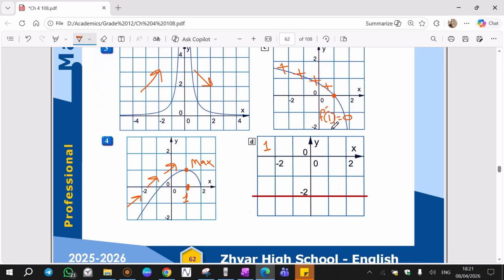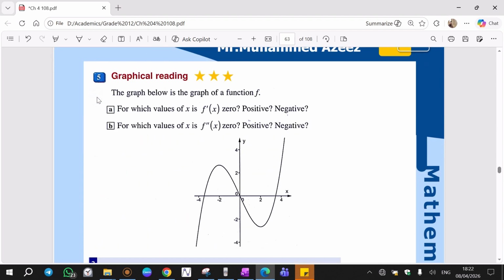When f prime is 0, f is critical. From 1 until 2, the function is decreasing. From 1 until 2, the f prime is negative. It's below x-axis. So number 4 belongs to C.